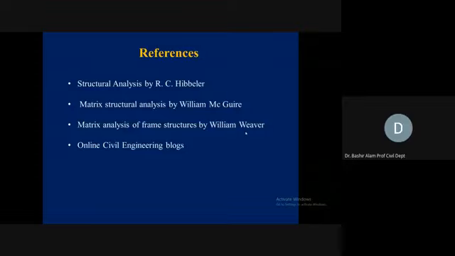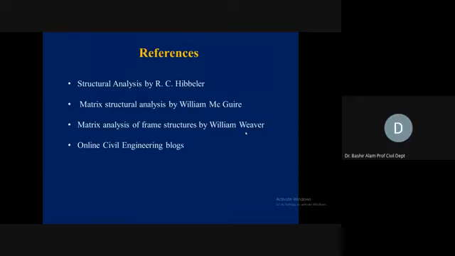Then we calculate the DRL. One value, DRL1, is from the integral of capital M, small m1 over EI dx, and the summation of all the members. Similarly, DRL2, which is capital M times M2 divided by EI dx, the summation of integrals and then summation of all the members.